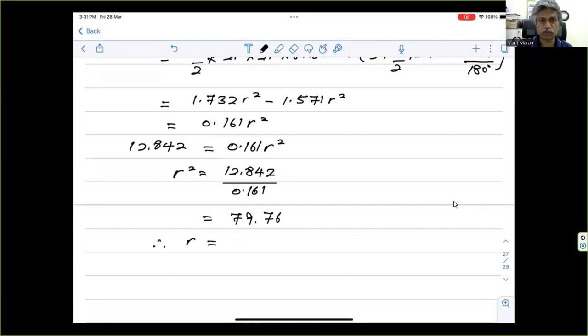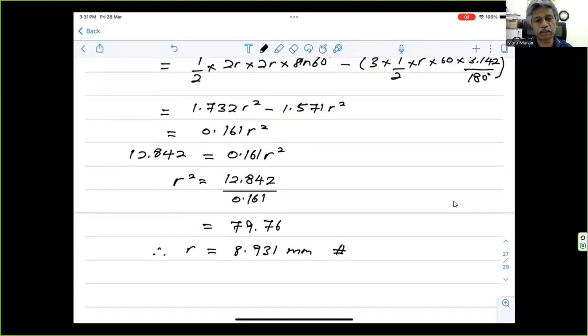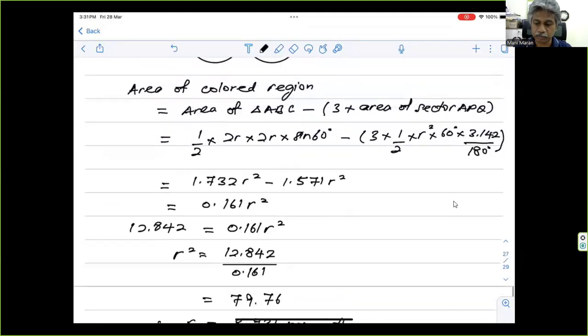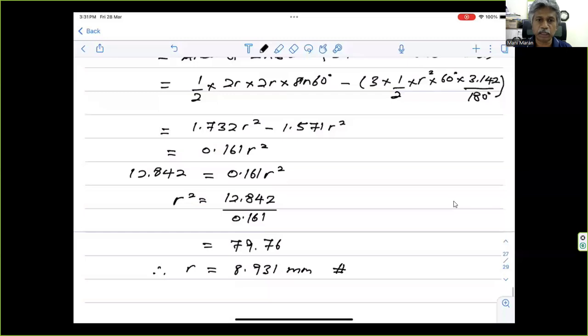It's easier to just use the power of 0.5 in your calculator. So you'll get 8.931 millimeters. That will be the radius, 8.931 millimeters. I hope you all can understand.